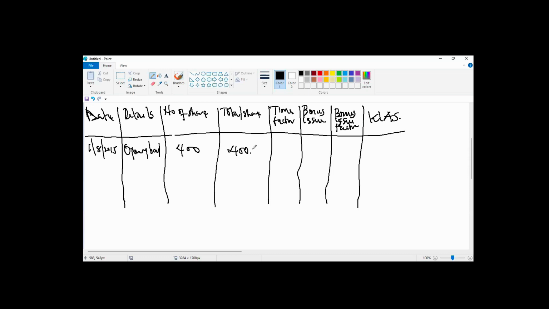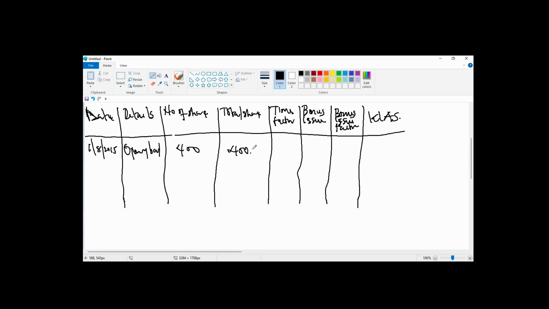So I will now go to additional information. During the year ended 31st July 2016, the following changes took place to the issued share capital of Shabab PLC. 100 million equity shares were issued in conjunction with the acquisition of another business.